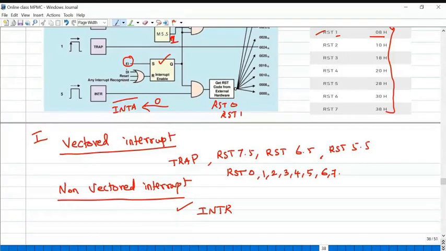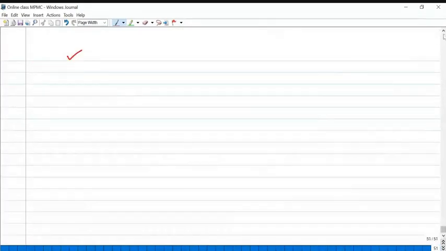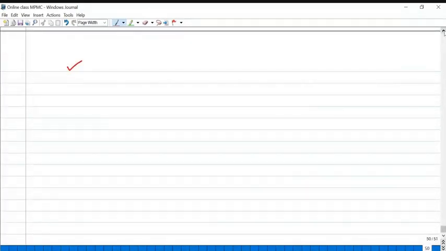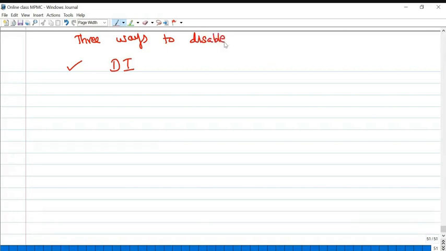So there are three ways to disable a particular interrupt or the interrupt system, except trap.